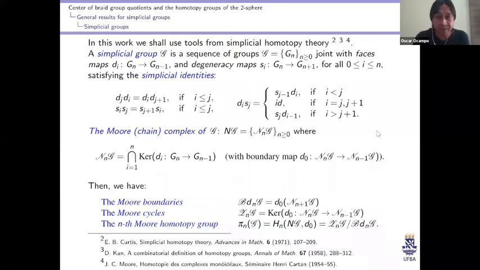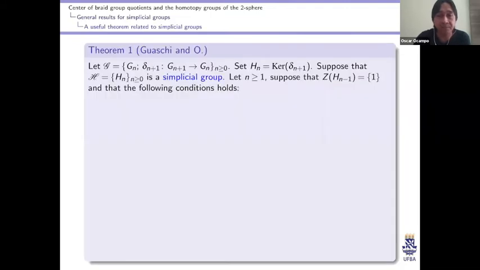Perfect. So we will use this notion of simplicial group applied to braid groups over the disk and over the sphere. Okay, so I will state a technical result, but this is the key point to obtain the isomorphism that I will explain here today.